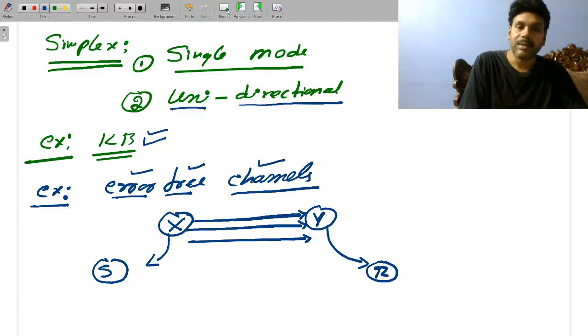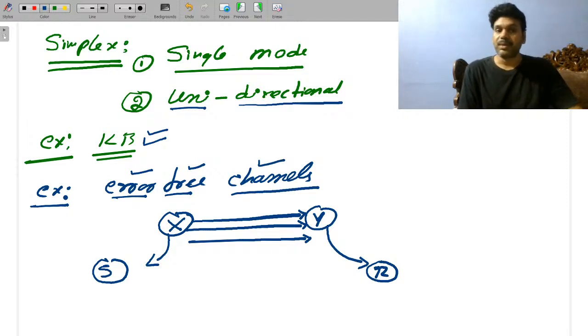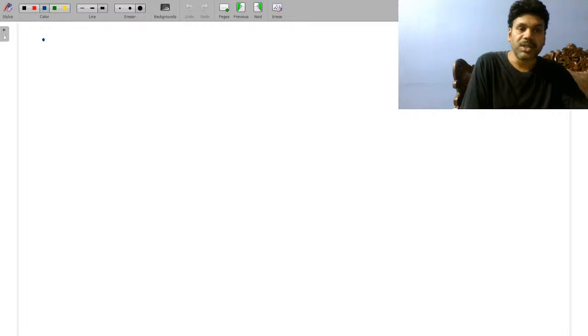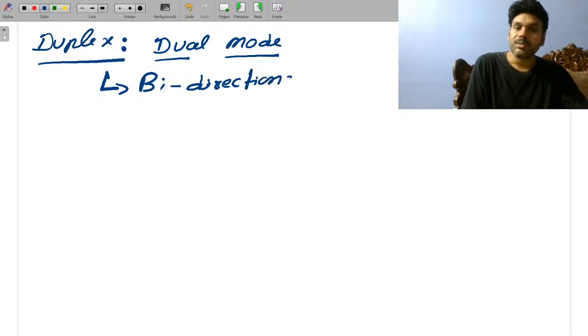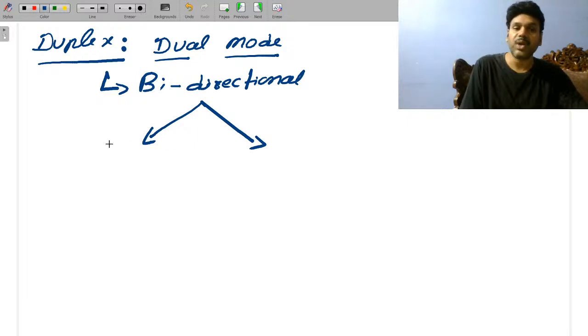And if you look at double mode operation, what is double mode operation? Duplex. You can also call it dual mode. So what is a dual mode? It is bidirectional. This bidirectional has two varieties. One is half duplex, with alternate sending and receiving.